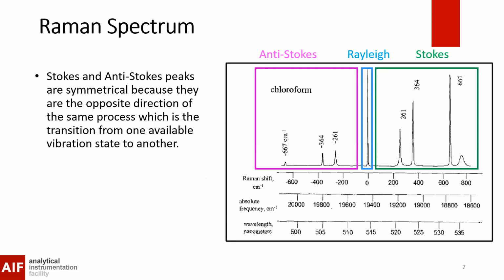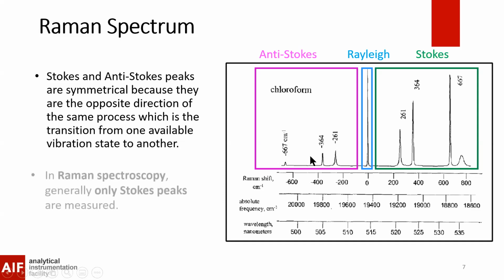Stokes peaks show lower absolute energy than the Rayleigh peak. On the contrary, anti-Stokes peaks show higher energy than the Rayleigh peak. However, at room temperature, the Stokes process is more likely to happen, and therefore in Raman spectroscopy, generally only Stokes lines are measured and recorded.